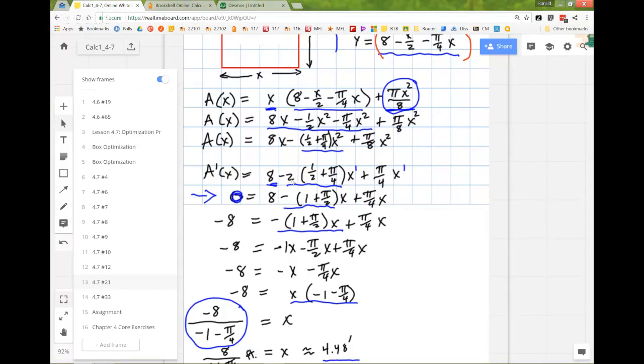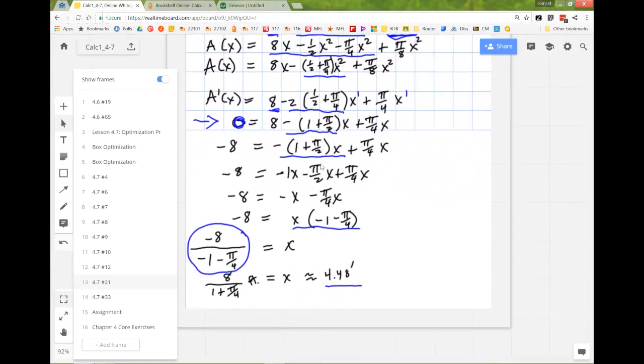Here I actually multiplied 2 times these two parts inside. Anyway, I'm not going to bore you with every little thing here, but I came up with this answer in the circle here, which simplifies down to, well, this is probably the best I can get it right here.